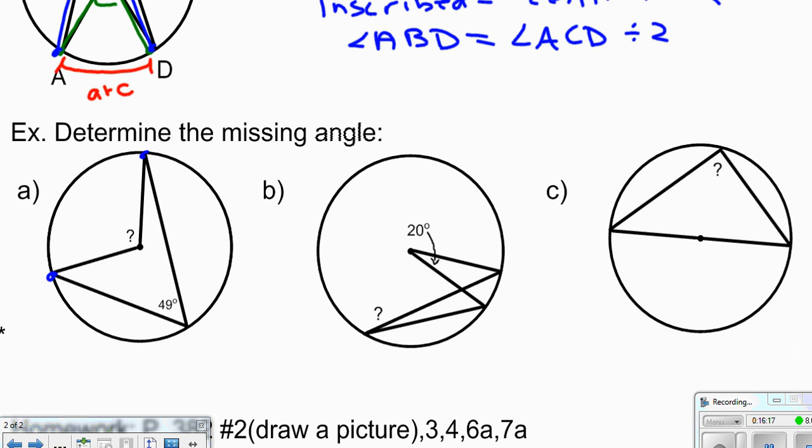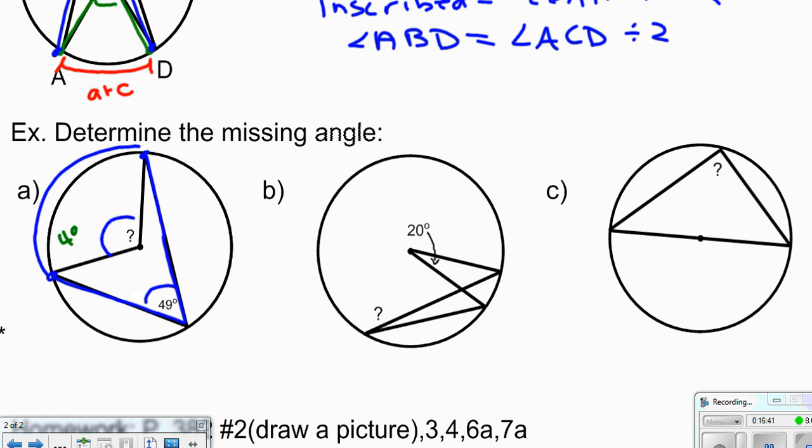Okay, so central angle and inscribed angle on the same arc. The inscribed angle is 49 degrees. So we want to know what this central angle is. Well, to go from inscribed to central, you need to double it. And if you notice, this is a wider opening than the inscribed angle, so it should be getting bigger.